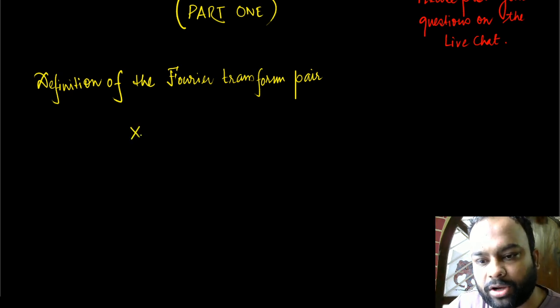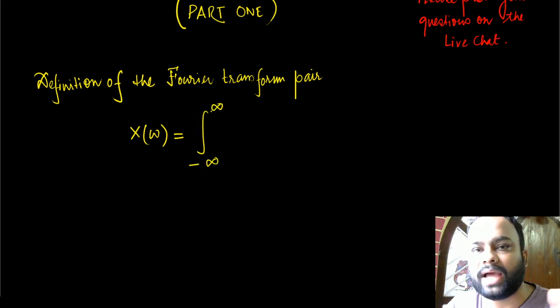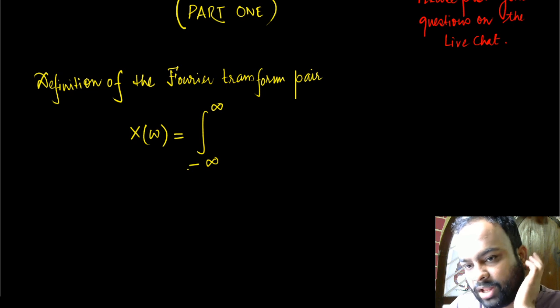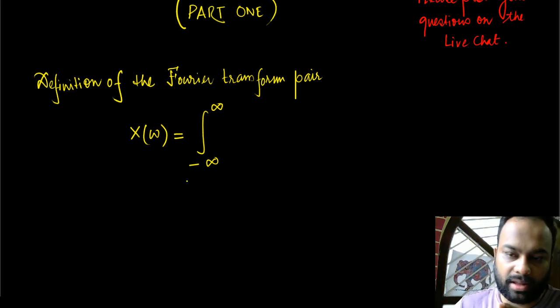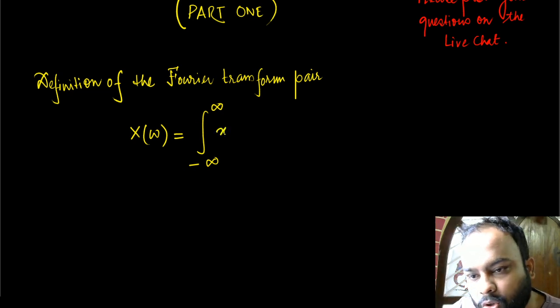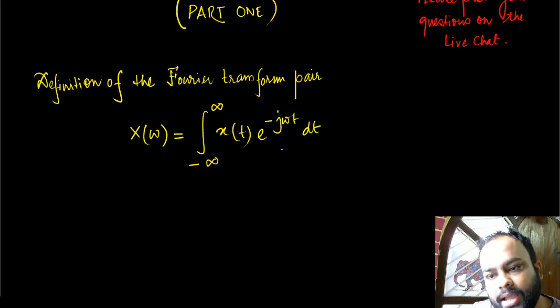This was the definition of Fourier transform for a signal x(t), and this is what we derived. I told you there are 3 other popular definitions of Fourier transform and inverse Fourier transform, but nonetheless, they are quite similar to this. This was the definition that we used. This is the continuous time Fourier transform, and this is the continuous time inverse Fourier transform.